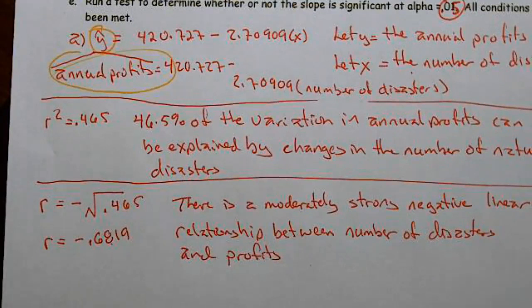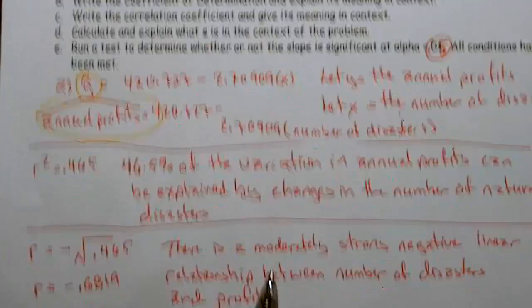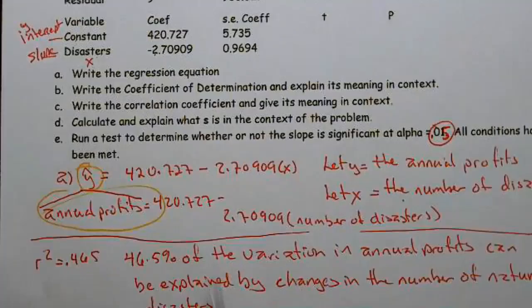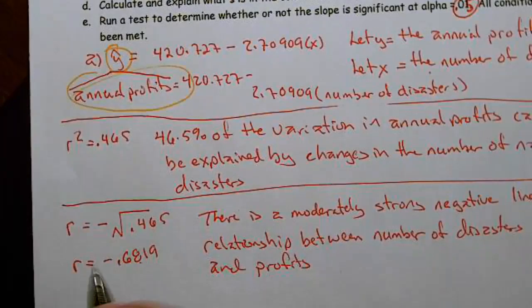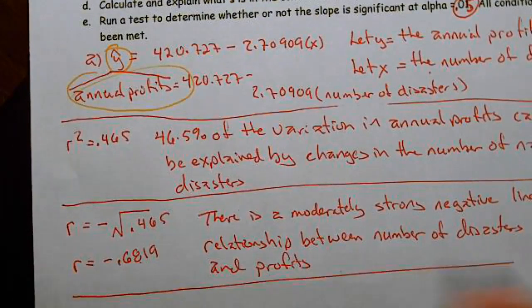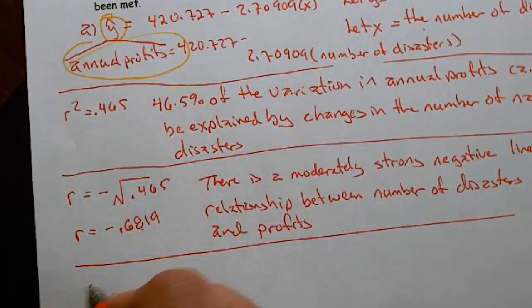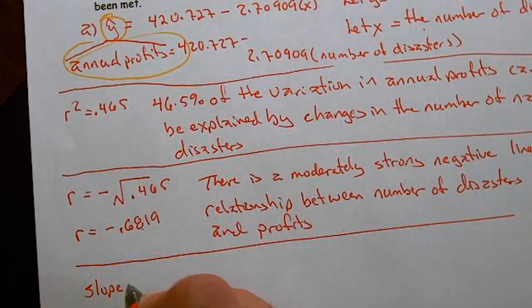In fact, one of the things they did not ask for, but I'm going to go ahead and take a moment and do, is if they had asked me to define the slope. It didn't ask me to do that, but I'm still going to talk about it real quickly. Slope in this case, or all cases, is the change in y over the change in x.